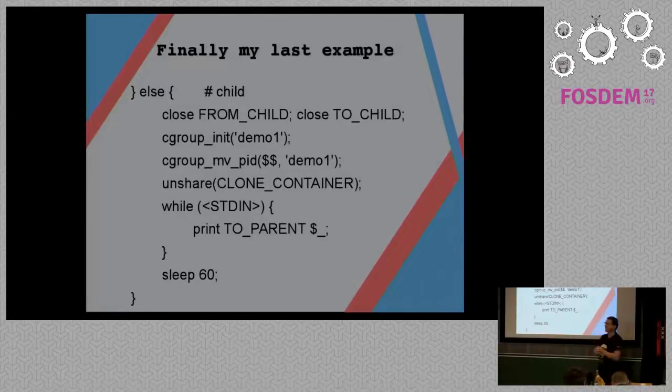It automatically checks if you have enabled sane behavior, and if you haven't, it automatically gets all CPUs and memories from the previous, topmost cgroup, and initializes your demo1 cgroup.